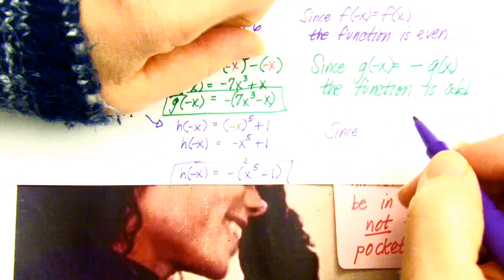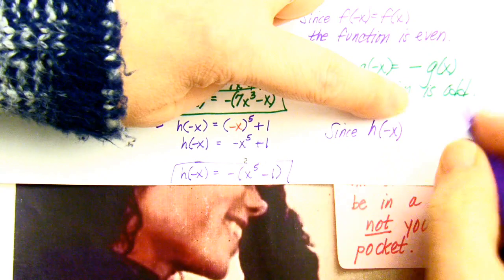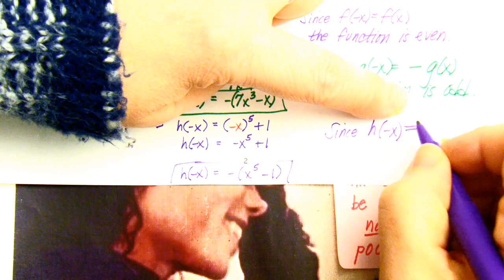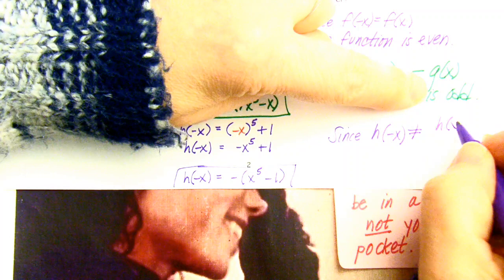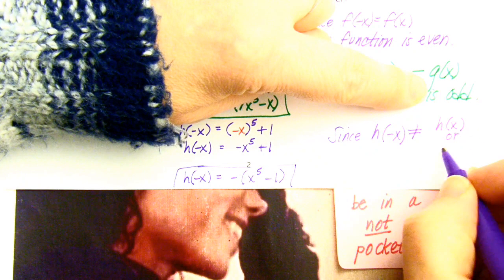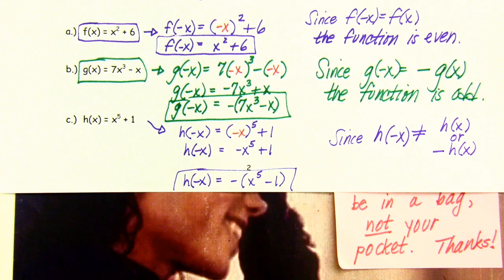we'll say h of the opposite of x is not h of x or the opposite of h of x. All right? Neither condition is true.